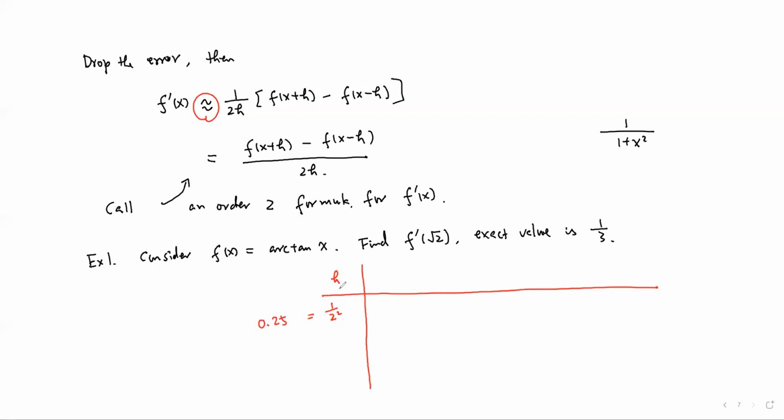If I choose h as 0.25, with x equal to square root of 2, then the derivative by this quotient is equal to 0.33719385.